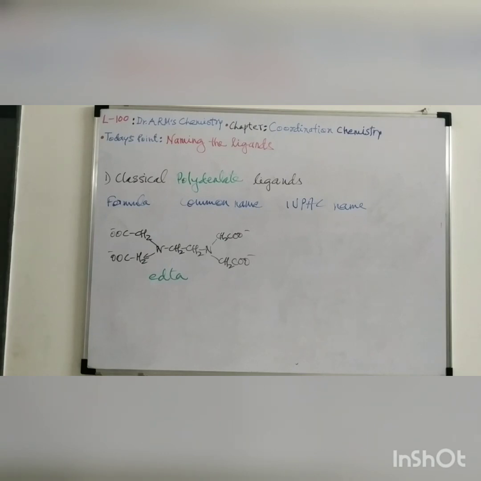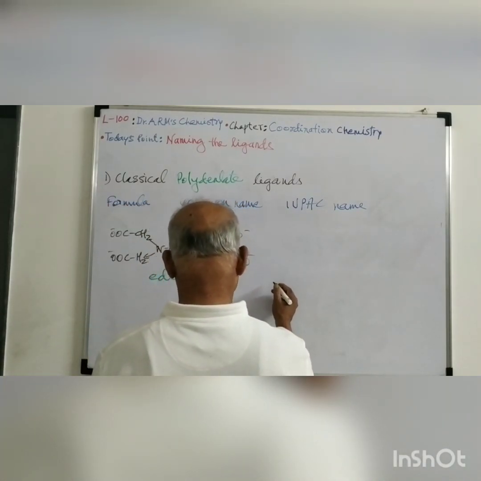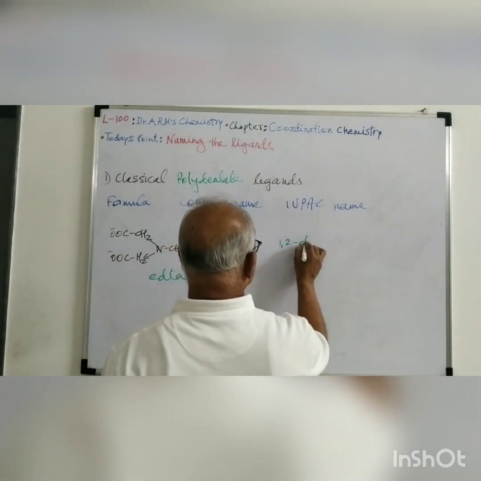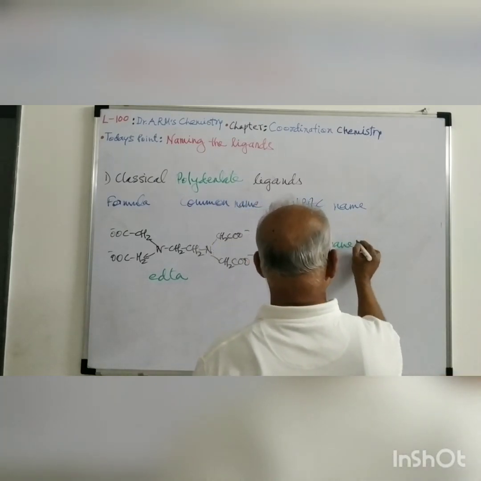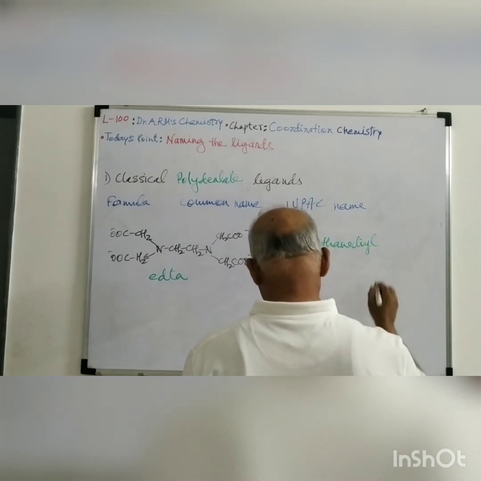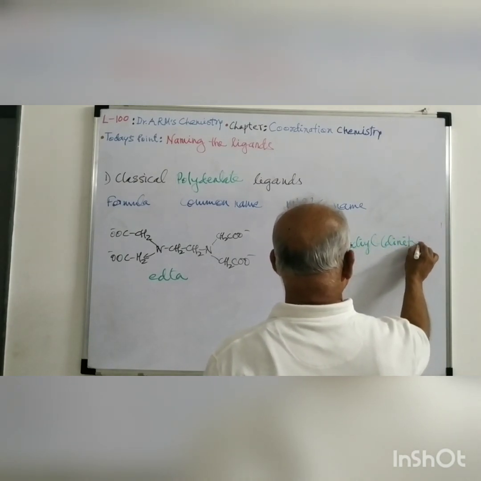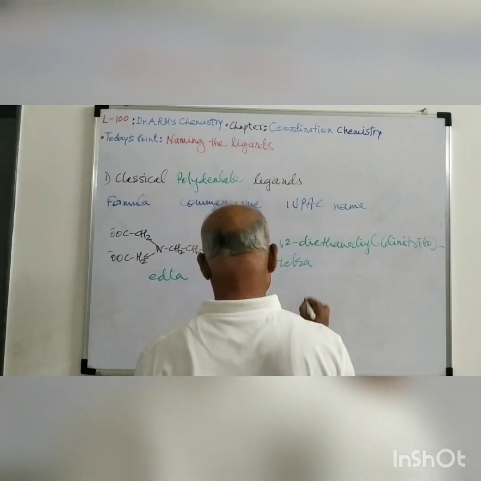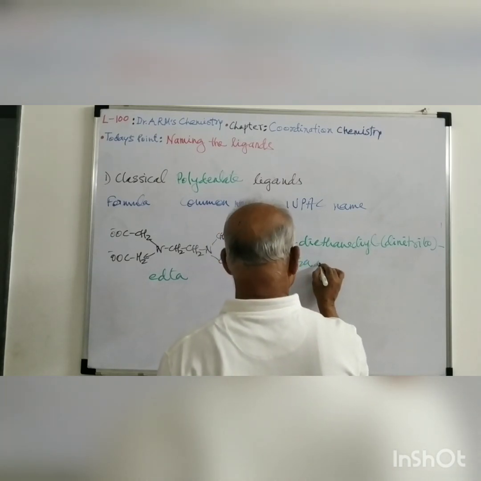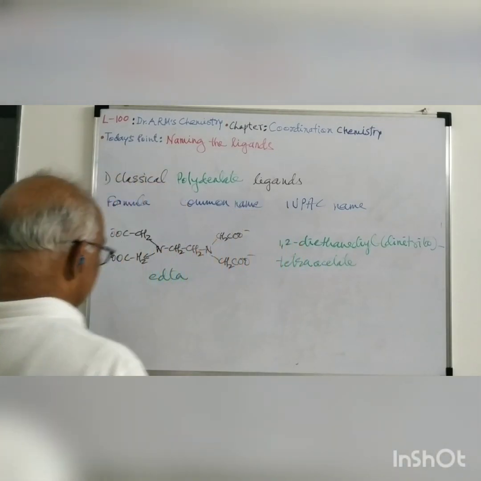The common name is EDTA, and its IUPAC name is like this: 1,2-ethanediylbis(nitrilo)tetraacetate.